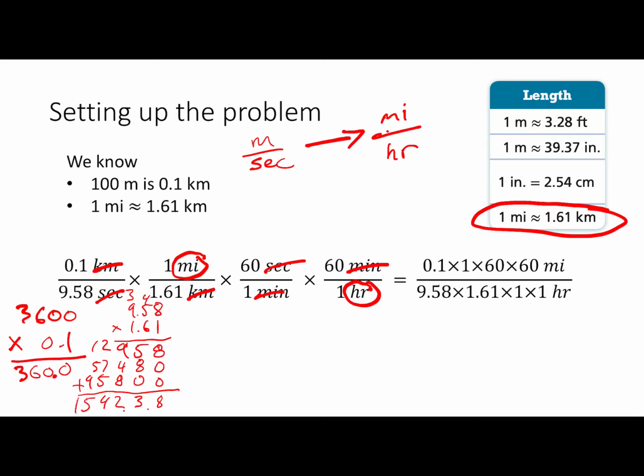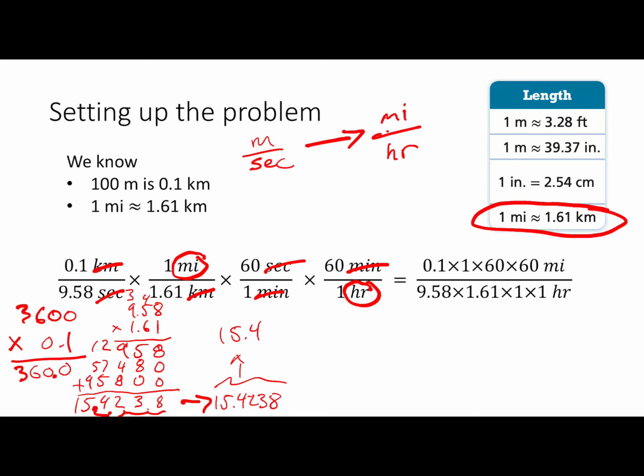Woo! That was a lot of work. And we've got 4 decimals. So that's 1, 2, 3, 4. There's our decimal place. 15.4238. Wow. There's a lot of digits in that number.